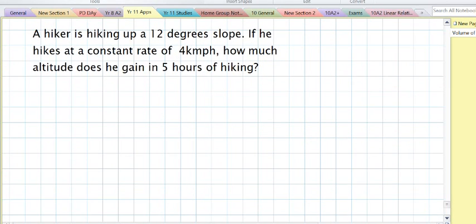Back in again. I like hiking. I'm going hiking in the holidays.